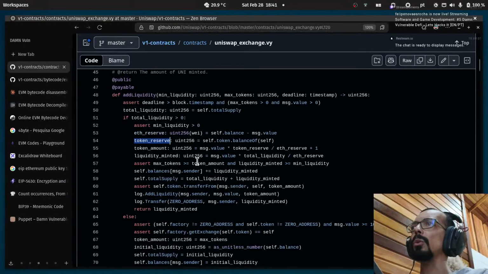So we have the token reserve, and that should be 10 and 10.